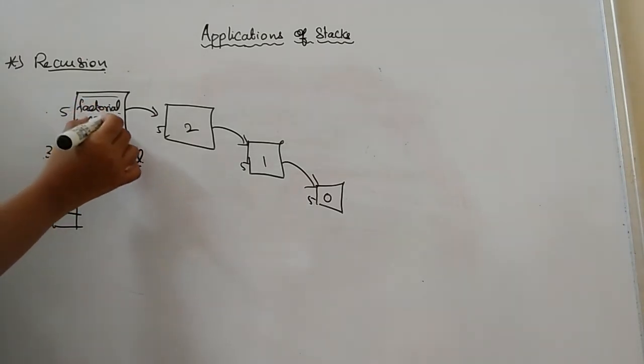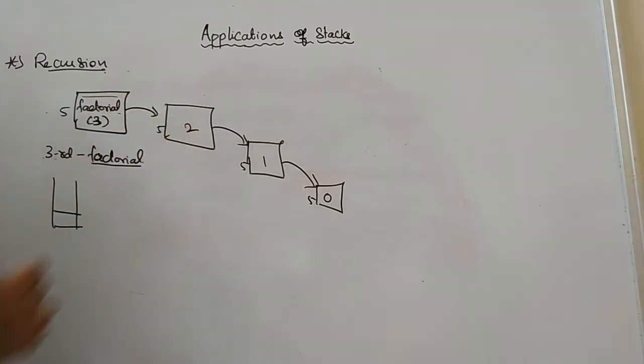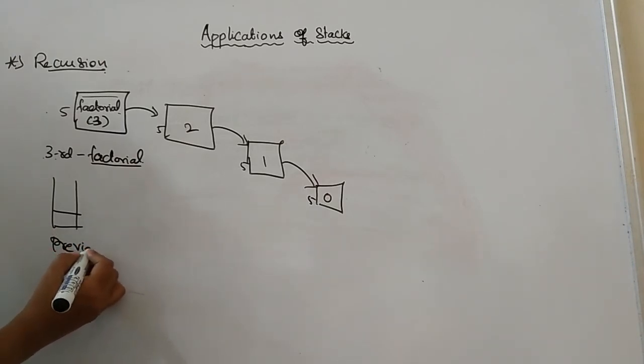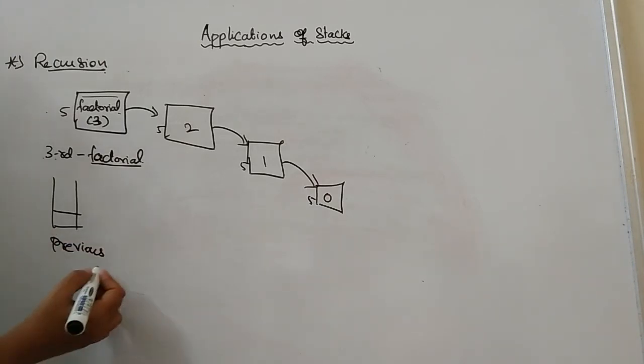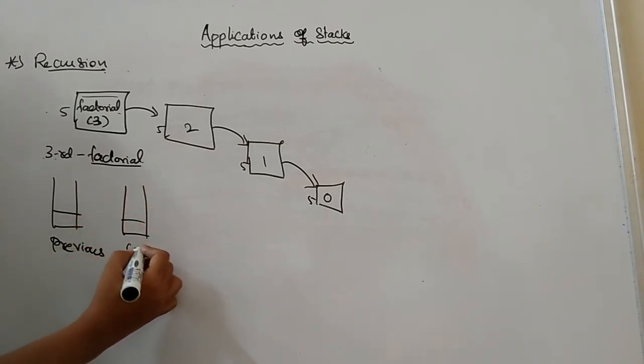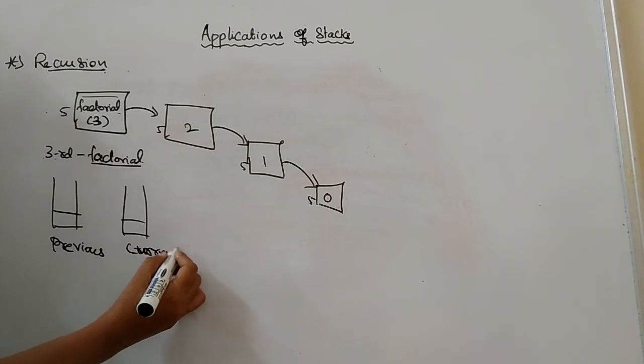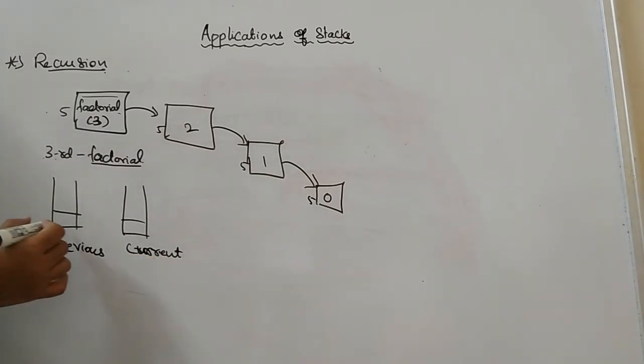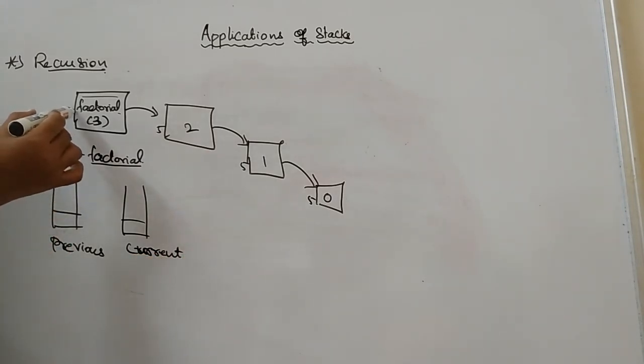And the location where your program control is shifted will also be stored in the stack. Just for example, one is for storing the previous location, one is for storing the current location. So this stack is used for storing the locations here.